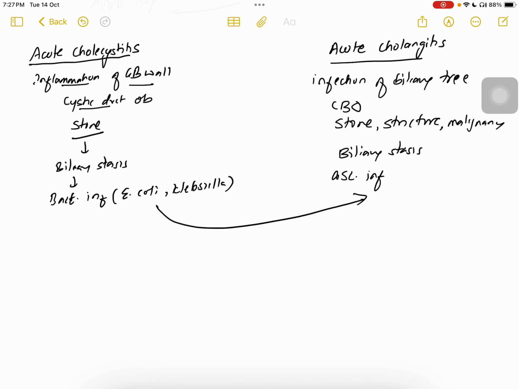So looking towards the clinical features: pain, fever, jaundice, Murphy's sign, and toxicity.